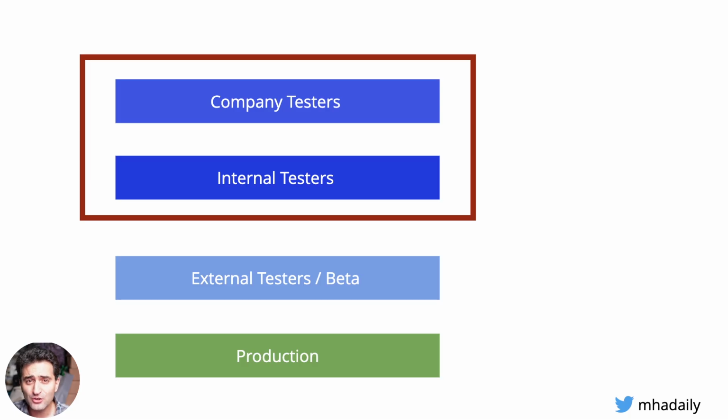If you want to categorize your company's users, they're probably going to start from the testers, like internal testers and company testers, maybe your team testers. Maybe you have some open beta, or external testers. And then at the end, it goes to production. This is a very typical phase of testing an application.